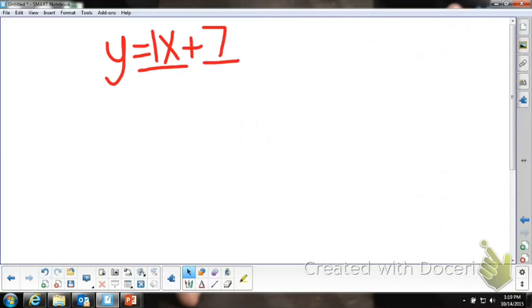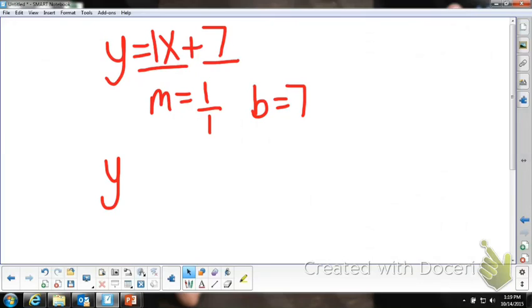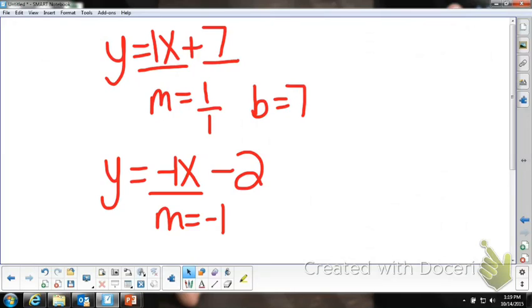So if I were looking at an equation like this, my slope would be 1/1, and then my y-intercept would be 7. Similarly, if you had something that looked like y equals -x minus 2, the negative in front of your x is referring to a -1, so the slope here would be -1, and the y-intercept would be -2.